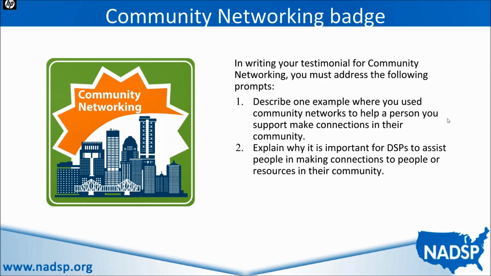And the second prompt, or the values prompt, says explain why it is important for DSPs to assist people in making connections to people or resources in their community. So the first prompt is essentially tell us how you've done this. And the second prompt is essentially tell us why this is important.